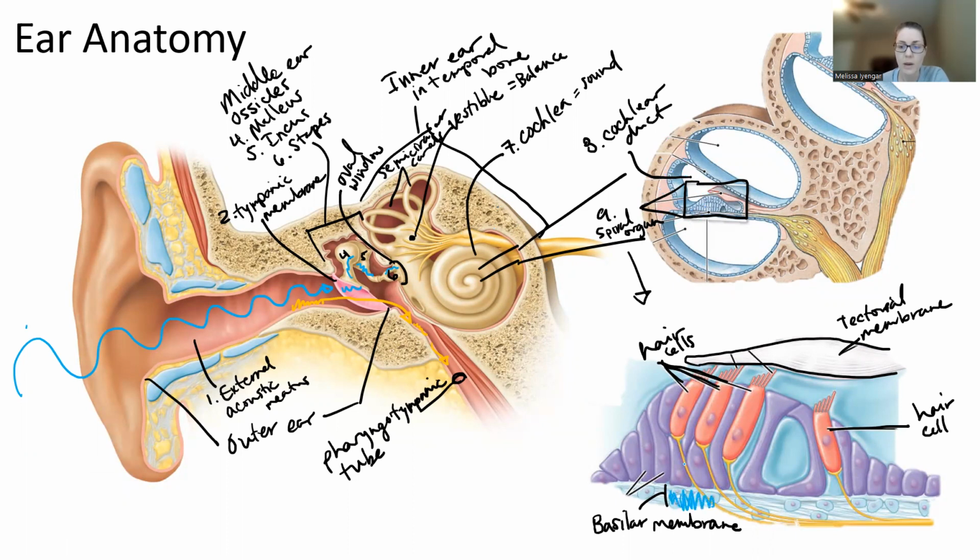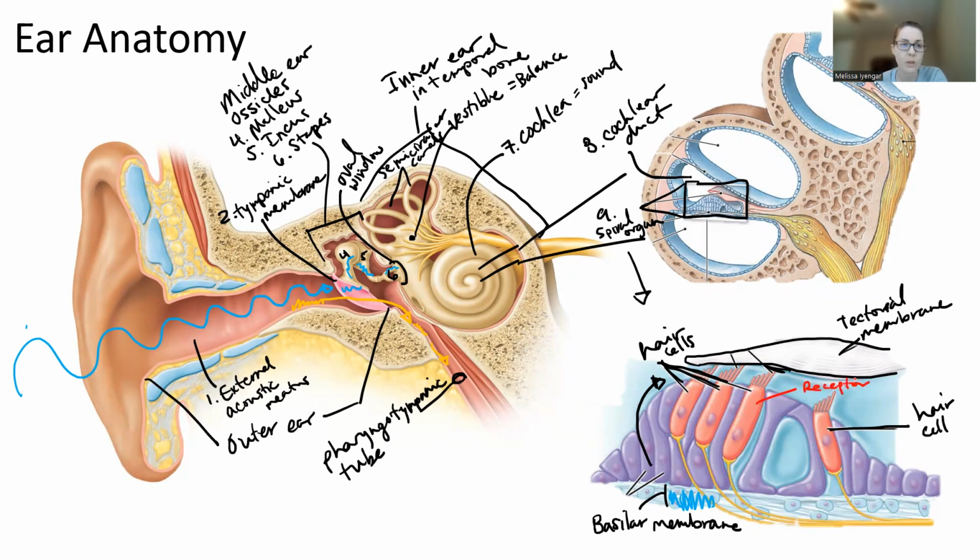So as the basilar membrane vibrates, moving up and down, as it moves up, these hair cells hit the tectoral membrane. That means these hair cells come in contact with the tectoral membrane, and that's going to change the shape of this cell, because this is our receptor.